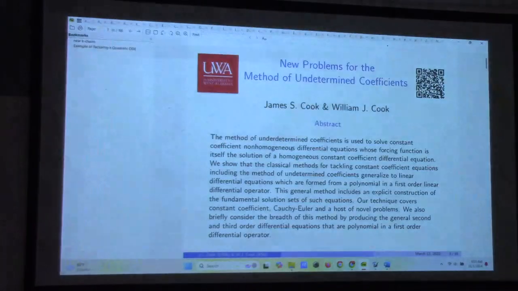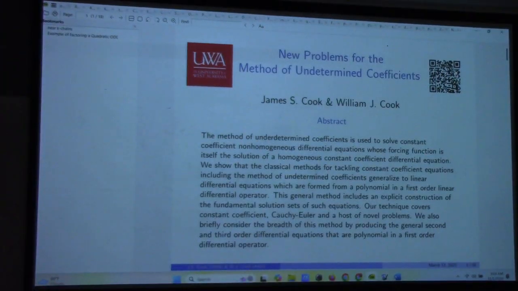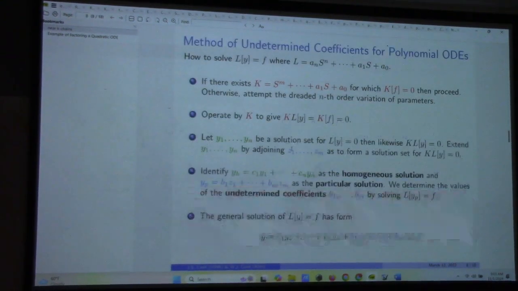Well, yeah, here's a paper. Here's a talk I gave on it. That'll work. So what I did here with my brother, Bill, is we worked out the method of undetermined coefficients, but also for Cauchy Euler problems. And it turns out that you can do that. I'll get to the point here.